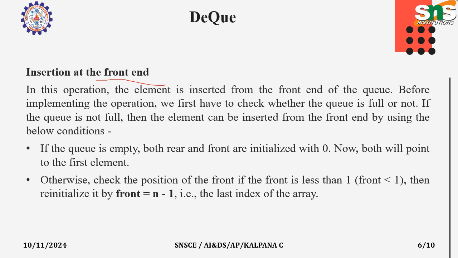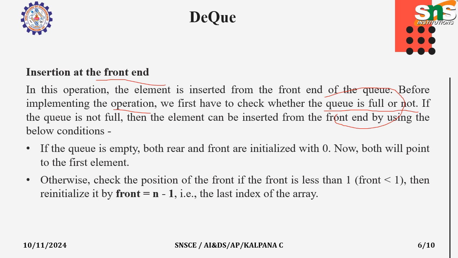When we are going to insert any element into queue, we check the overflow condition. The same we have to check here. Before implementing the operation, we have to check whether the queue is full or not. If the queue is full, we cannot insert any item into the queue. So that's why I am checking the queue is full or not condition.